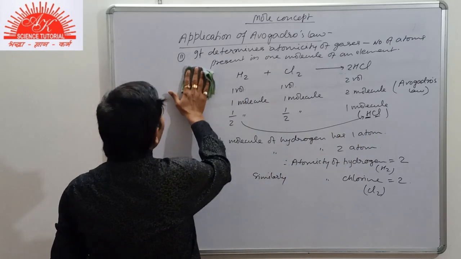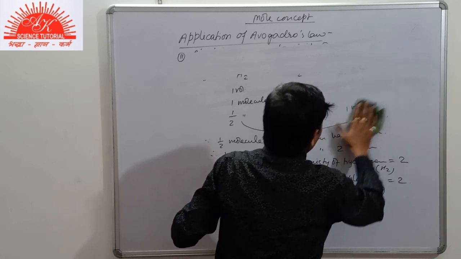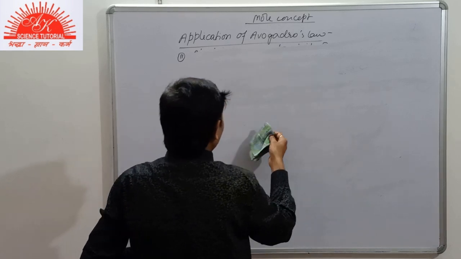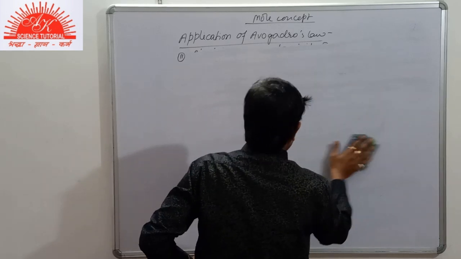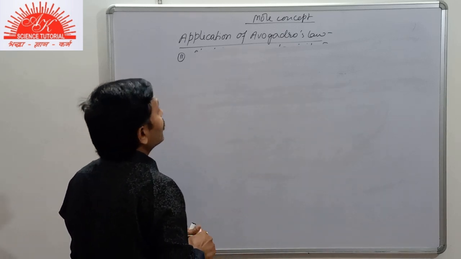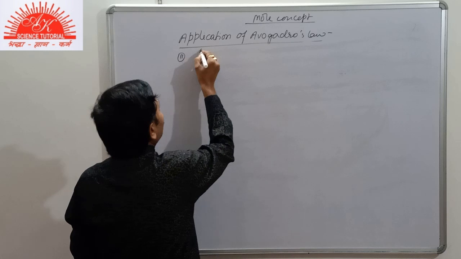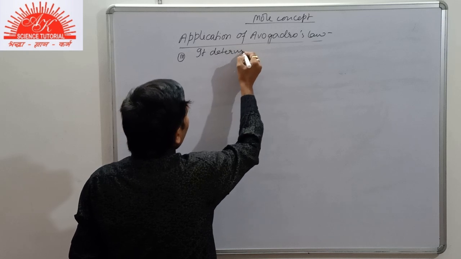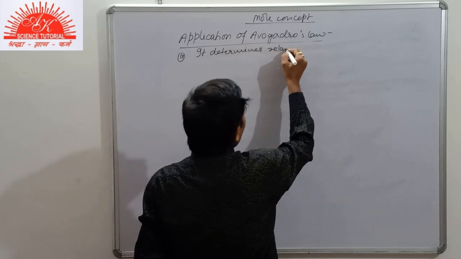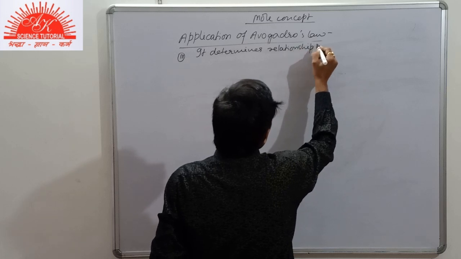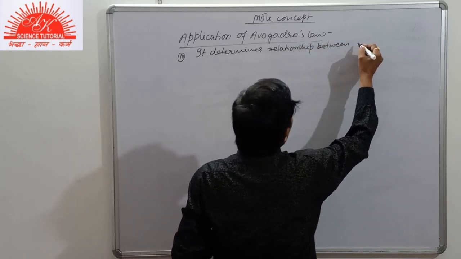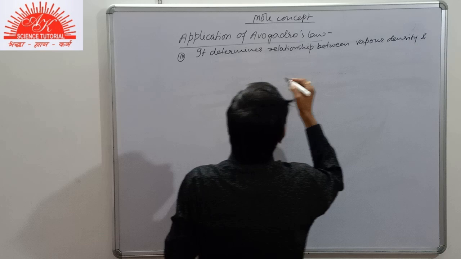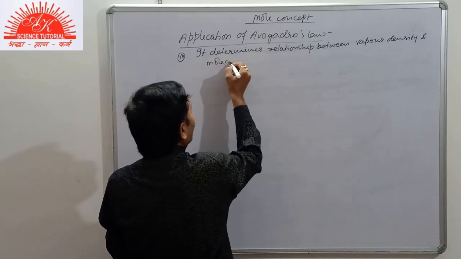Now, the fourth and the most important part of this topic is that it determines the relationship between vapor density and molecular mass.